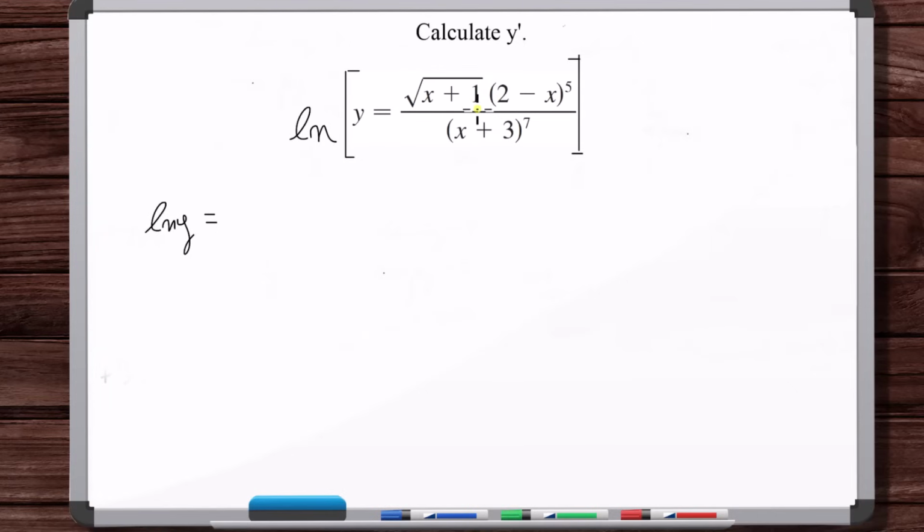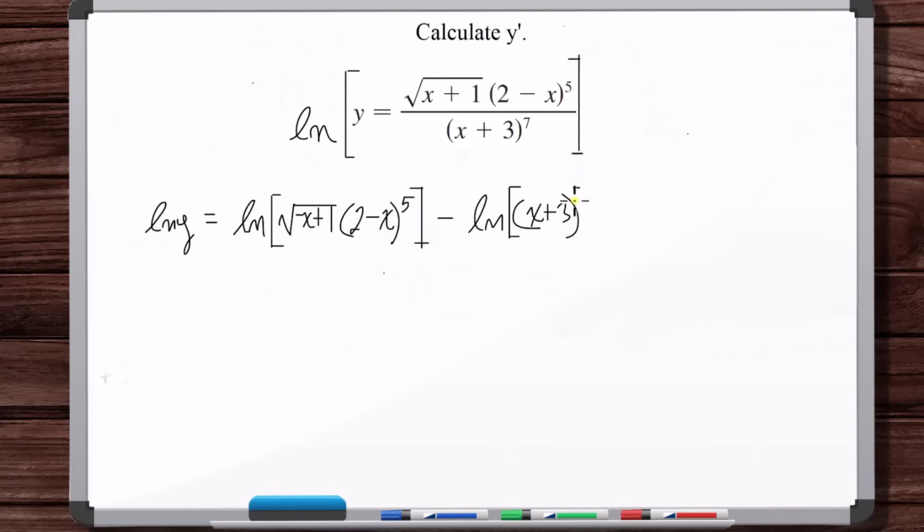We can separate that into the natural log of the numerator minus the natural log of the denominator. Okay, so now we can separate this into the natural log of this plus the natural log of this.